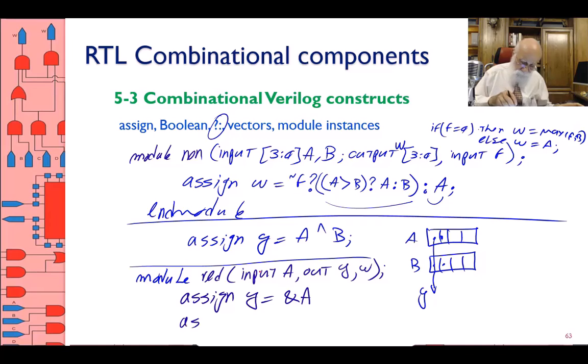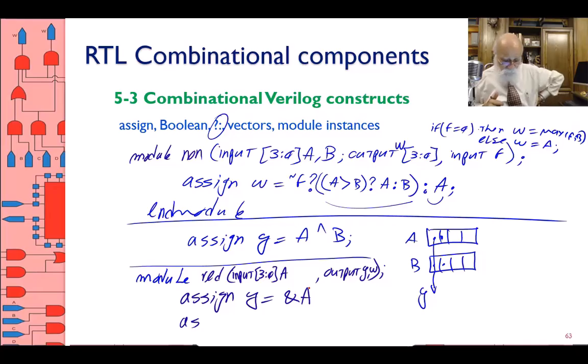Input [3:0] A. Output Y, W. I'm doing these examples on the spot. Whatever I can think of, I'm giving you.